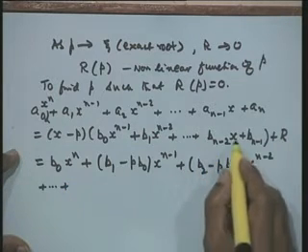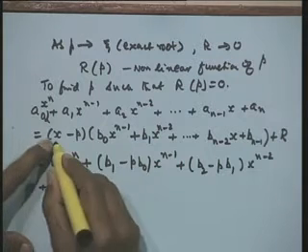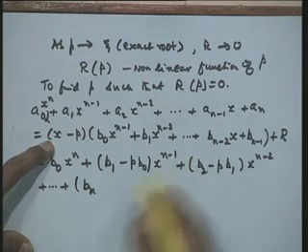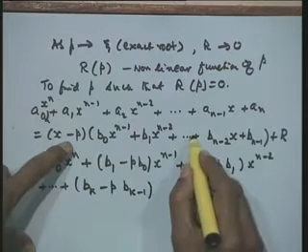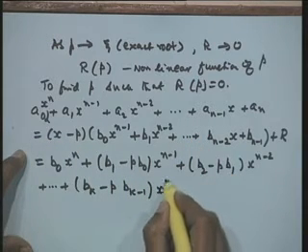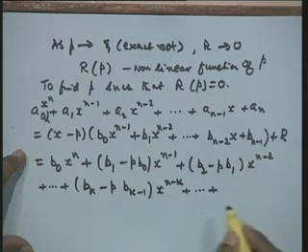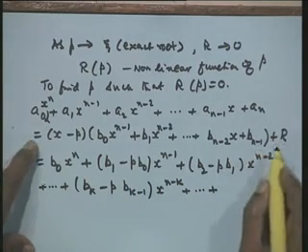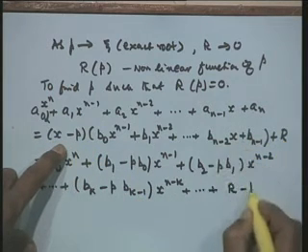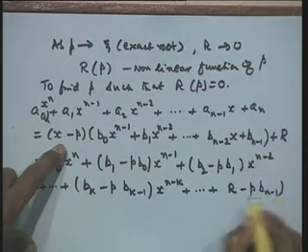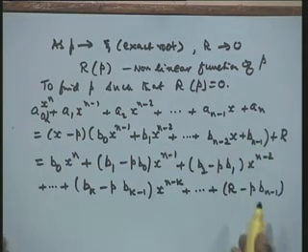The general coefficient of x^(n-k) is b_k minus p times the previous coefficient, b_(k-1). The last term, the constant term, will be r minus p b_(n-1).